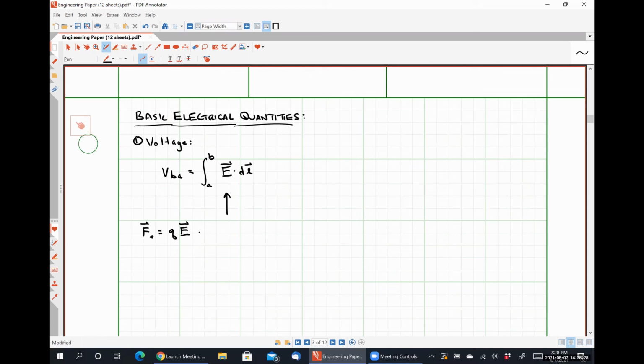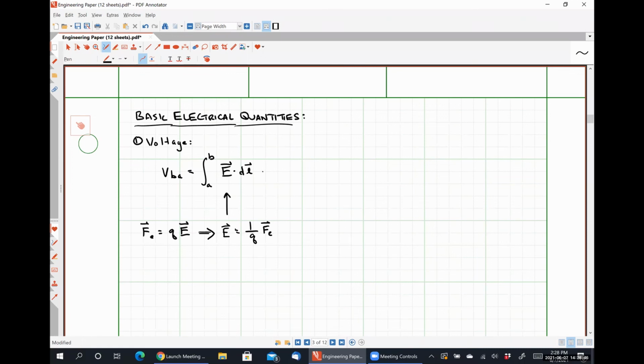We can rearrange this, and we find that E is simply 1 over charge times our electrostatic force vector.